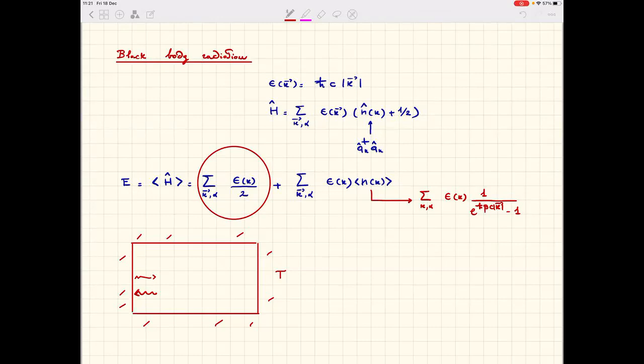I don't know if you know what a Lagrange multiplier is, but it is essentially something connected to the conservation of the number of particles. You fix mu in such a way as to conserve this number of particles. If you don't have conservation of the number of particles, it doesn't make any sense to introduce a chemical potential.